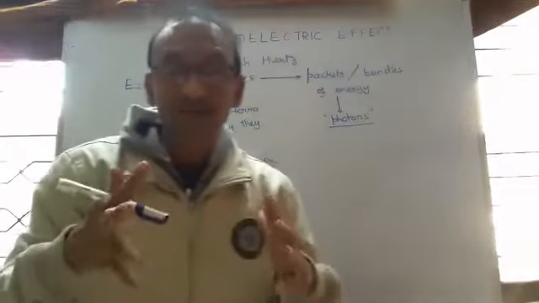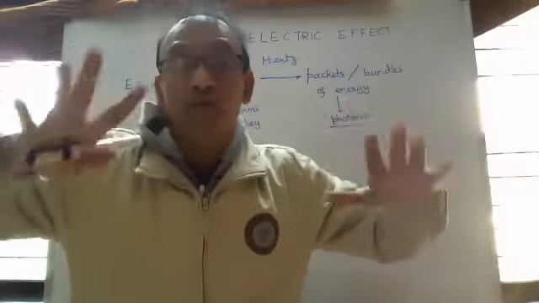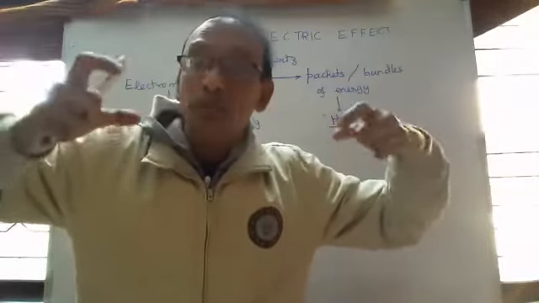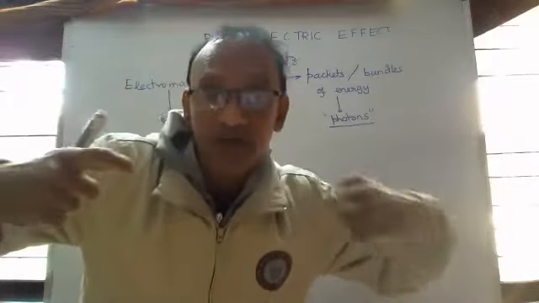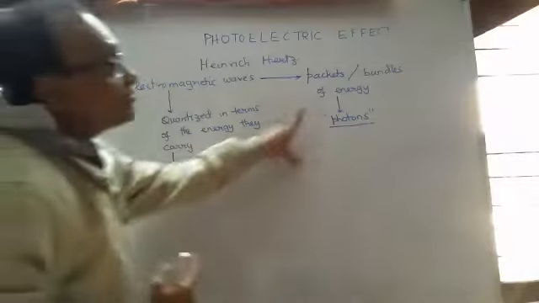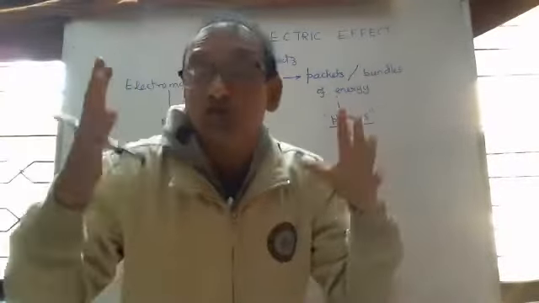The electromagnetic waves carried bundles of energy or packets of energy. Energy was propagated by means of packets or bundles of energy or quanta of energy in the form of bundles or particles called photons.